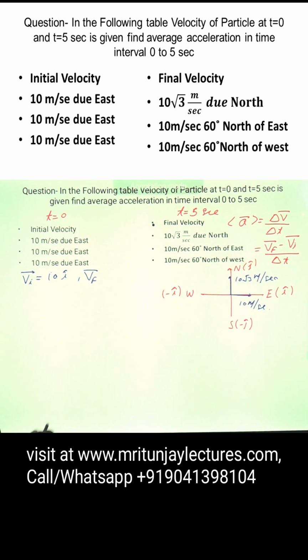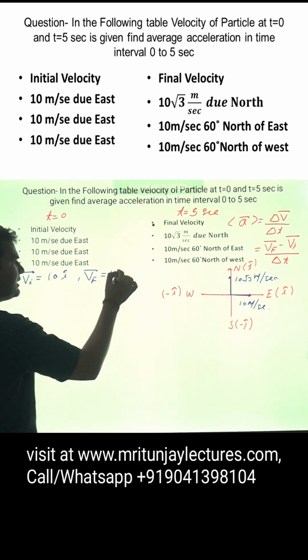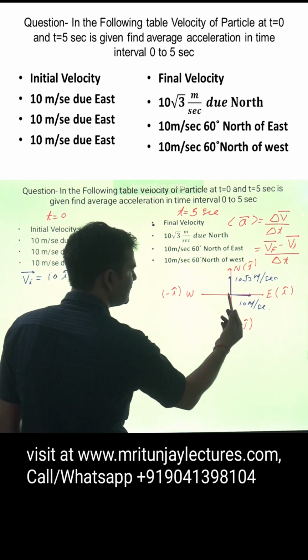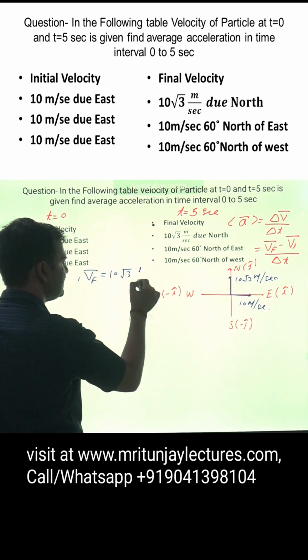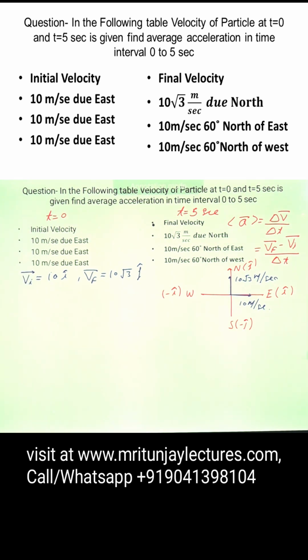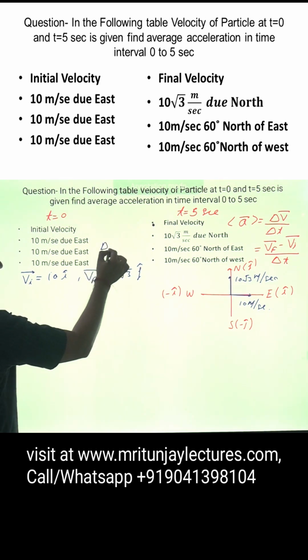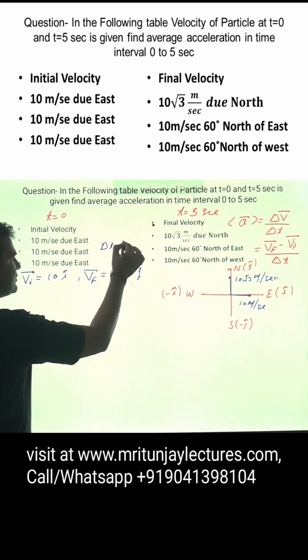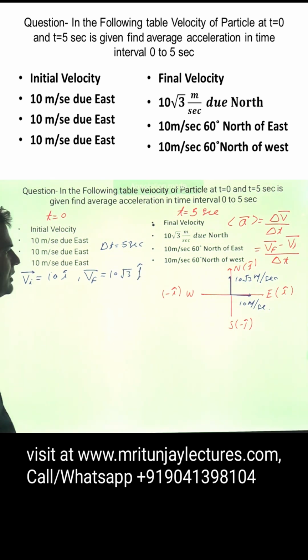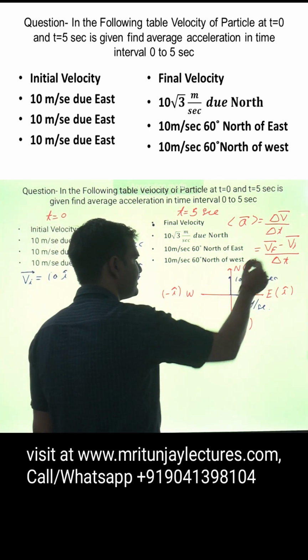What about direction? North means j axis. Clear? So after that, what about delta t? Delta t is given as 5 minus 0, that is 5 seconds. So now put these values here.